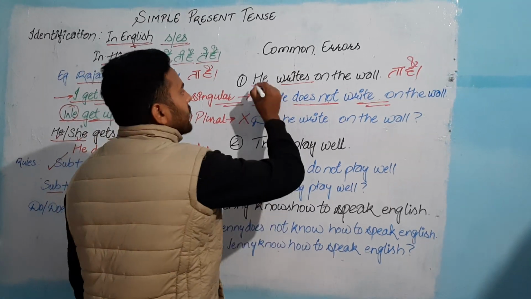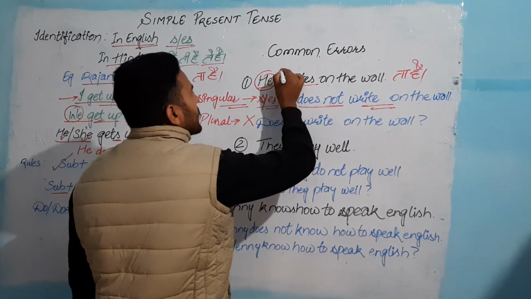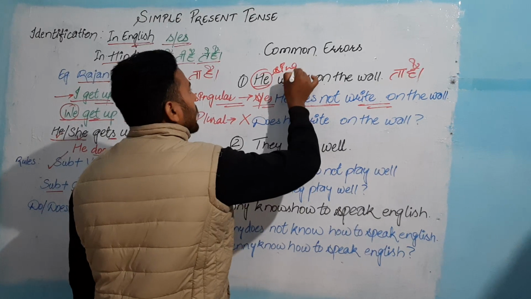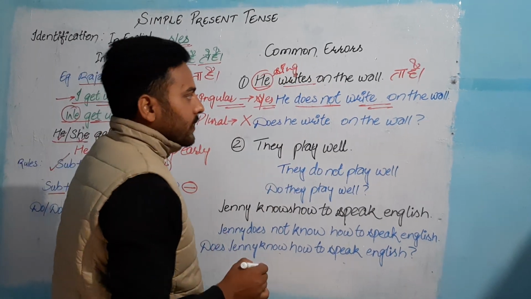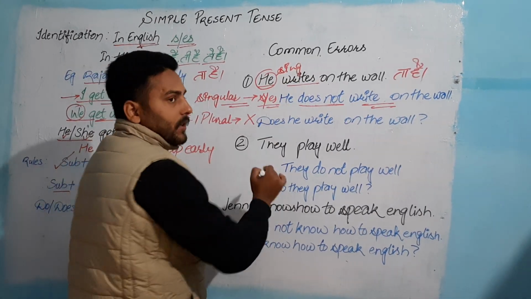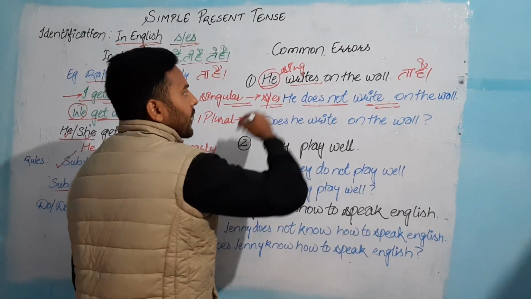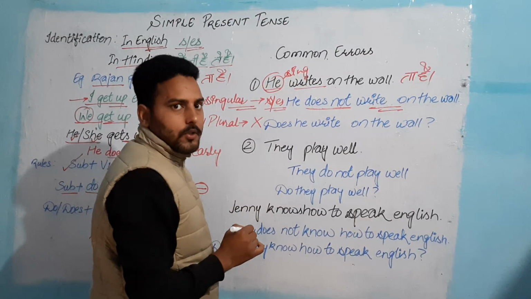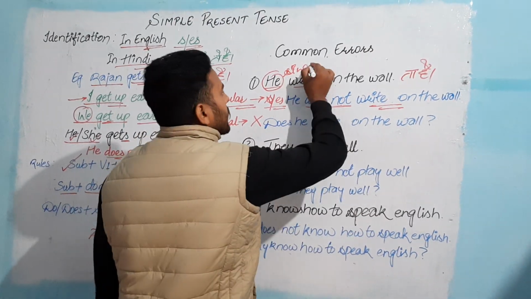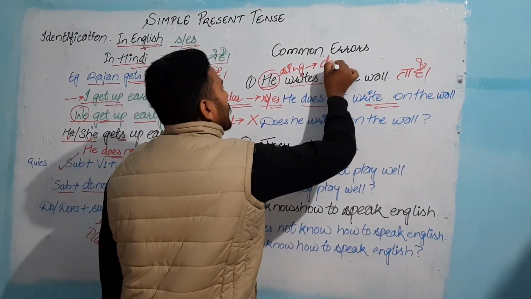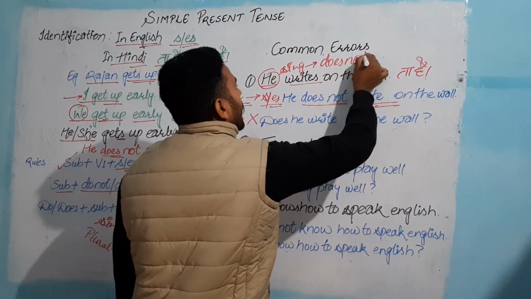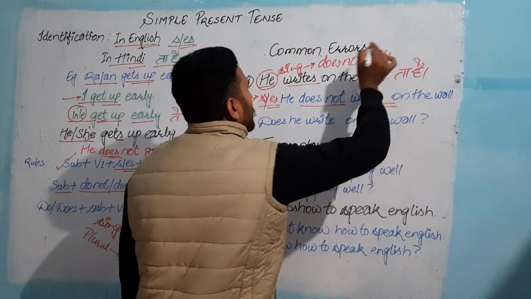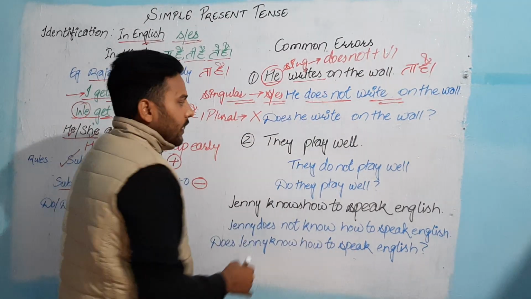Now next, this is the example with the singular subject. With singular subject, already I taught you, we use do not and does not. With the singular subject, we use does not along with verb first form without s or es.